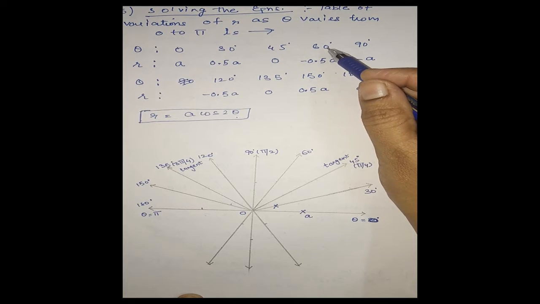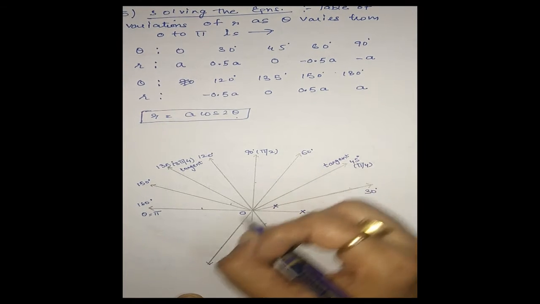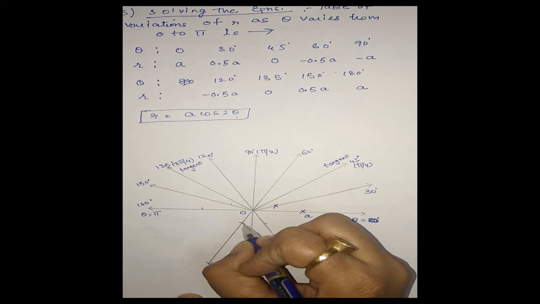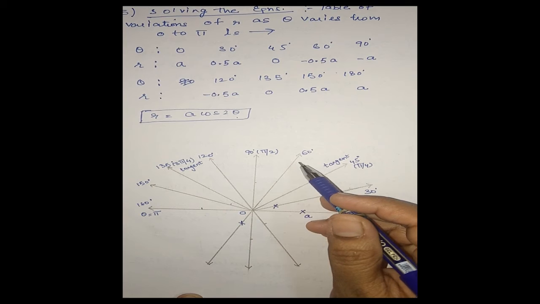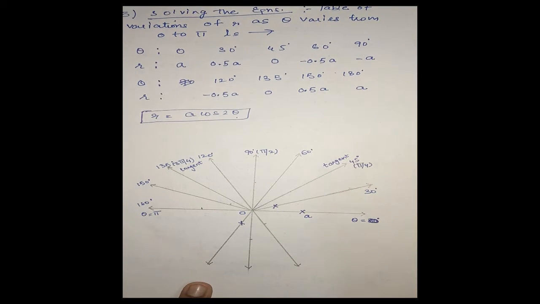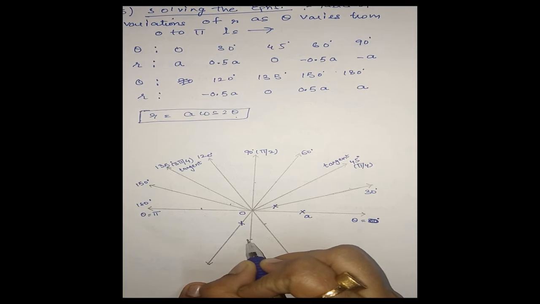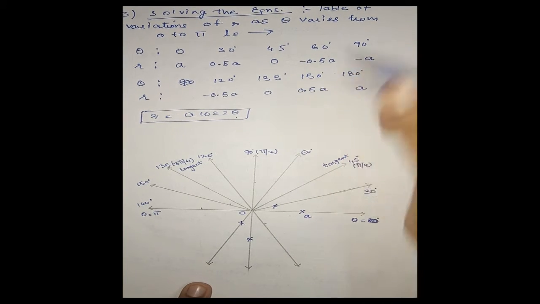Next, when theta is 60, it is minus 0.5 a, therefore the point will be in the opposite direction, on the extension of the terminal side of the line theta is equal to 60. When theta is 90, it is again minus a, therefore on the opposite side. When theta is 120, it is minus 0.5 a.